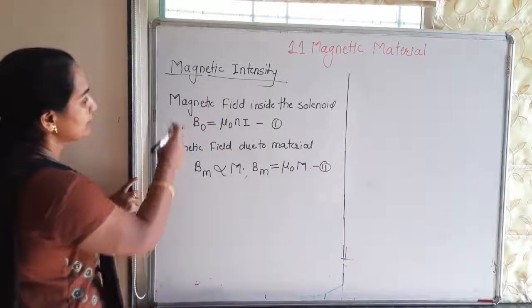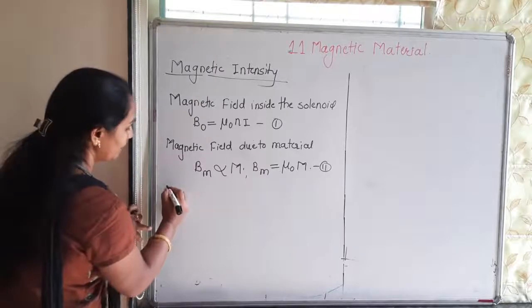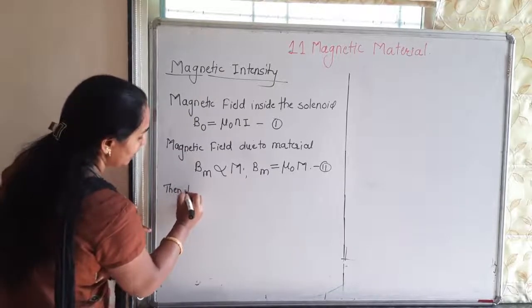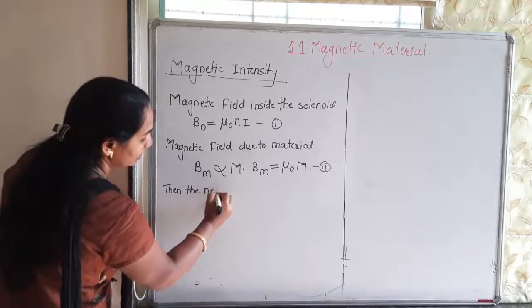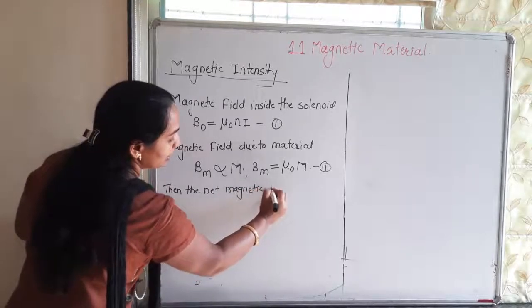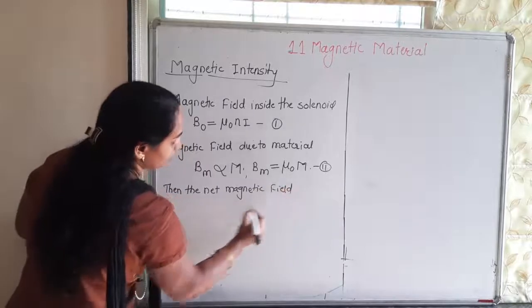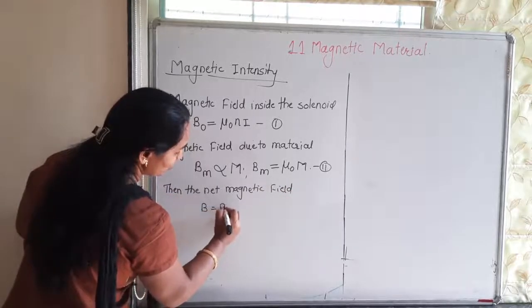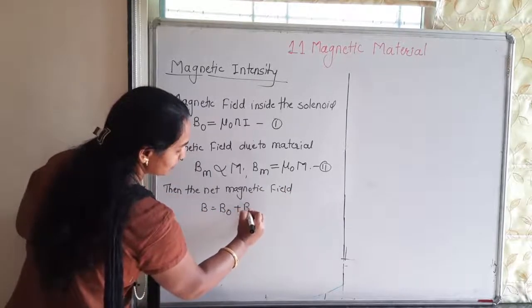Here we consider the net magnetic field, B equals B0 plus Bm.